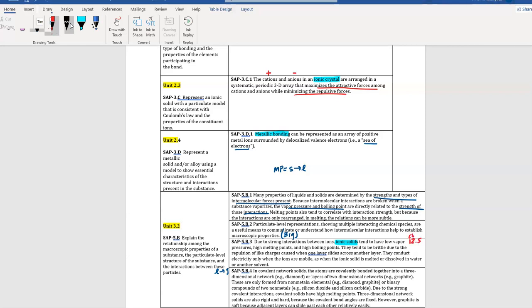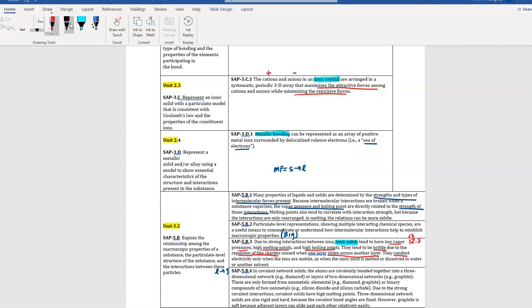They tend to have very low vapor pressures and high melting points, melting point, solids to liquids, that temperature, and very high boiling points. They tend to be brittle due to repulsions of like charges, remember repulsion, like and like, caused when one layer slides across another. And I promise you'll see some pictures.